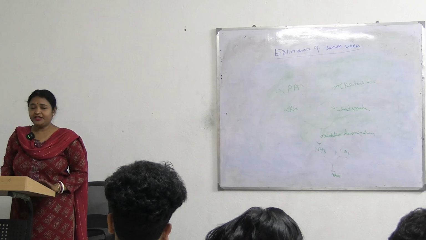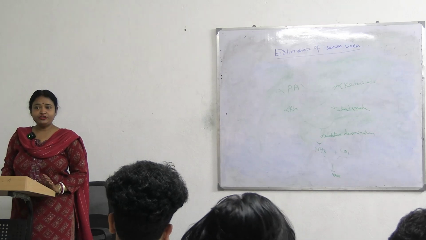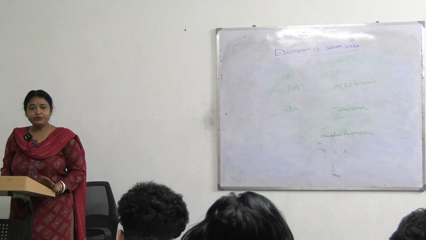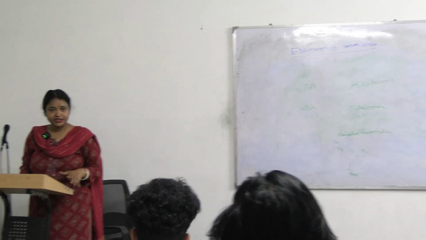Urea is formed in the liver and excreted through the kidney. So any problem in liver and kidney can affect urea production and excretion. In liver disease you will see less urea, and in pregnancy also there will be less urea.